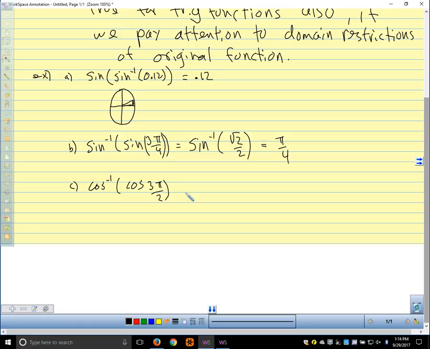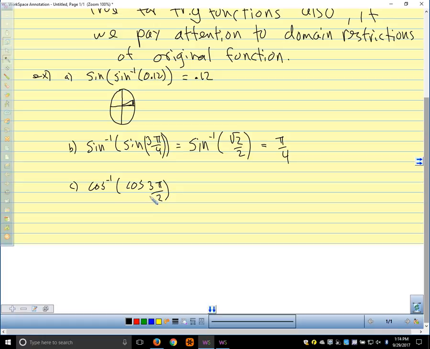We need to keep track of the domain restriction for the one where we're working with the inverse, because we restricted the domain of the original function so it had an inverse. So here, for example B, we had to pay attention to what the domain restriction of our sine function was so we could do the inverse sine. Okay?